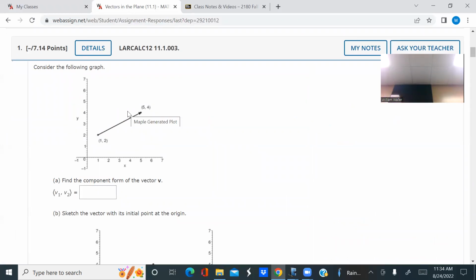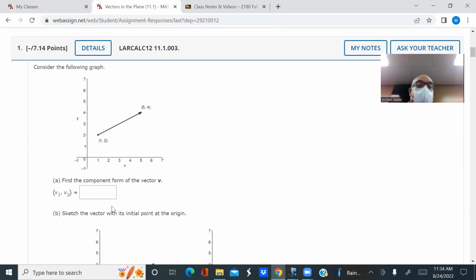And then they just want the component form of the vector. So that is the coordinates for the vector if the initial point was at the origin. So we often think of vectors with their initial point being at the origin at 0, 0, rather than this vector, which is just in a general position there in the first quadrant.